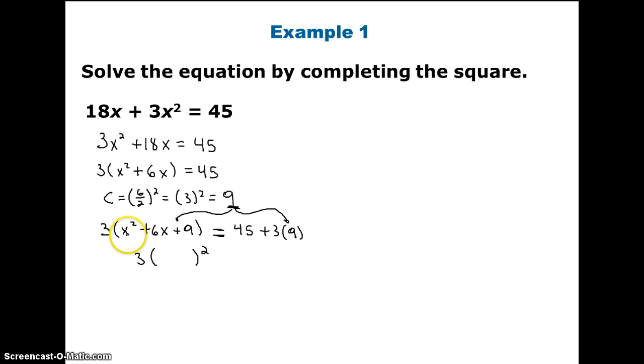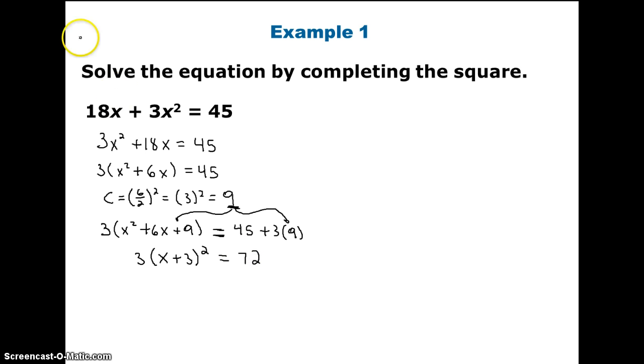For the binomial, you write down the variable, and a good shortcut is that the number that goes here is the number before you squared it when you found c. So this is positive 3, so plus 3 is here. Over here, you simplify, and all of this right here simplifies to 72.